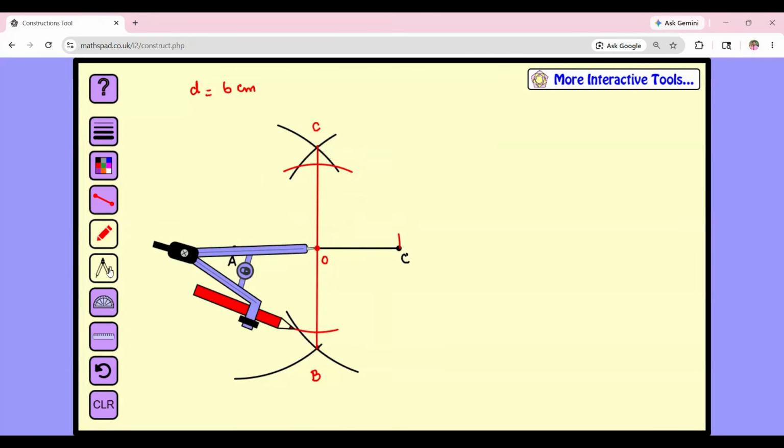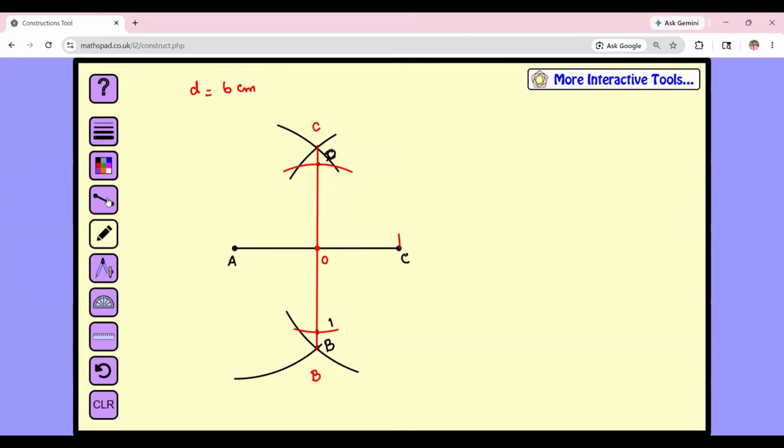That's it. Okay. Now I can mark this point as B. This is B and this is C. Sorry, we already took A, B, C, D. So this should be D, correct?